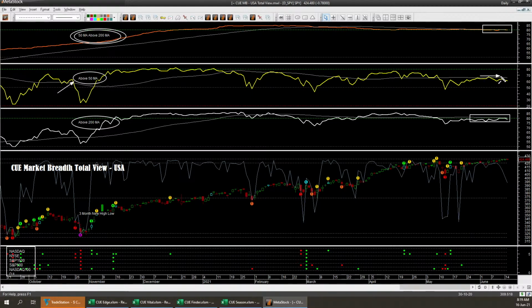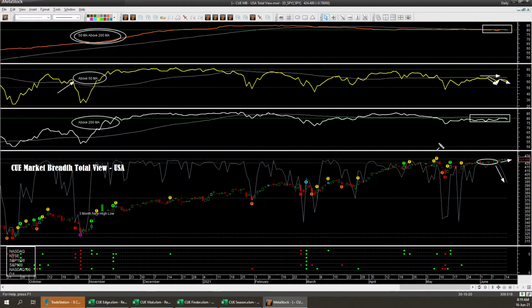The yellow line failed to go above the average line. Instead, it came down, retraced a little bit, came down again. So the percentage of stocks above 50 MA is not showing the strength that is shown in SPY and QQQ. Also, the 3-month new high low has come down after hitting the extreme level once again, though price has continued to go up.